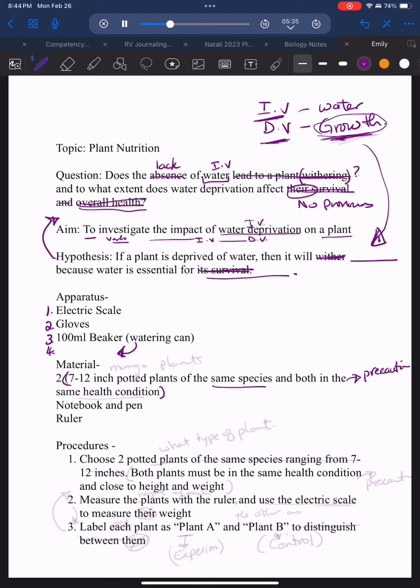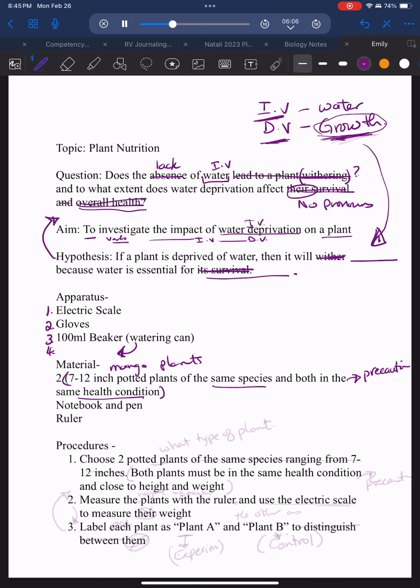It has to be of the same species and of the same health condition. See, there's your 2 precautions right there. You don't need it on the materials. Here you can say 2, I don't know, you decide to go mango plants. Don't use mango, okay? I'm just giving you an example. 2 mango plants. Then notebook, pen, ruler. Okay.